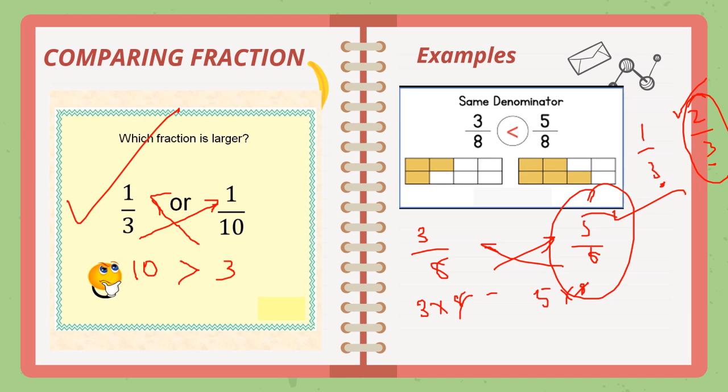Let's say 168 divided by 224 and 183 by 224. You need not multiply since it is the same denominator. Forget about the denominator. You compare only 183 and 168. So 183 is a bigger number, and 183 by 224 is your bigger fraction. Simple, right? So this technique also you can apply if it is the same denominator.